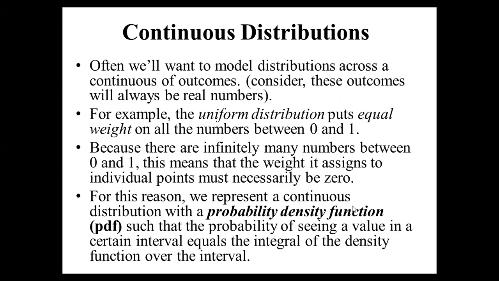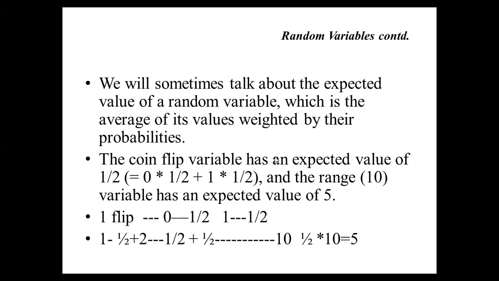Next, let us start with the continuous distribution. Before moving to the continuous distribution, let me tell you regarding the previous cases. Whenever we are talking about 0 or 1 values, it is always discrete values.